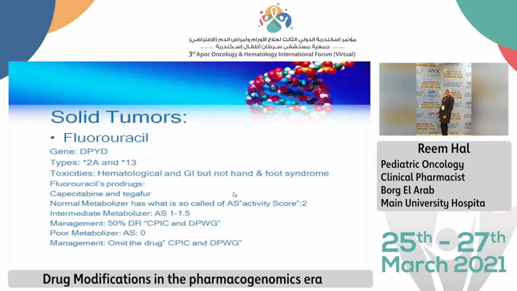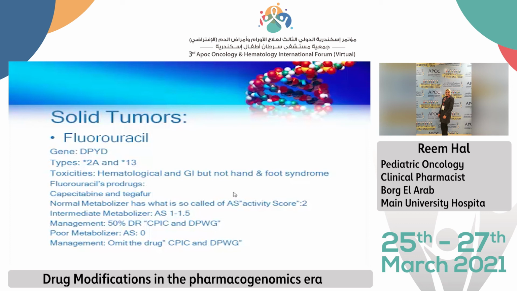The normal metabolizer has what is called the activity score, or AS, equal to 2. The intermediate metabolizer has an activity score of 1 to 1.5, while the poor metabolizer has an activity score equal to 0.